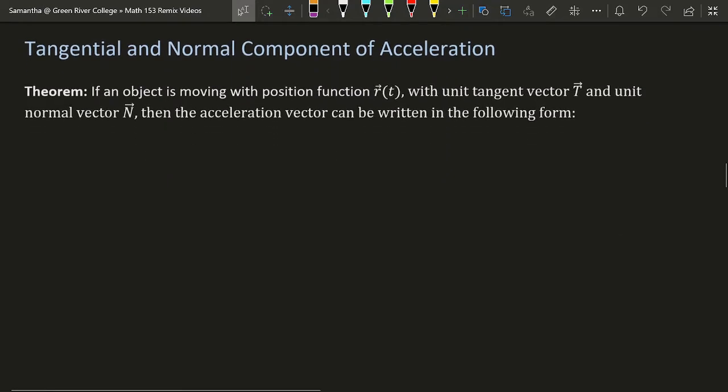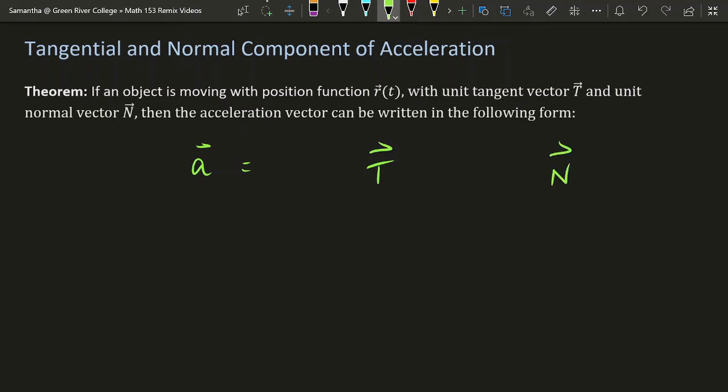If you have an object with a position function given by r of t, and you have a unit tangent vector called capital T and a unit normal vector called capital N, then the acceleration vector can be written in terms of those two unit vectors.